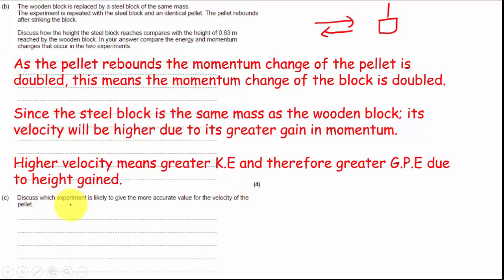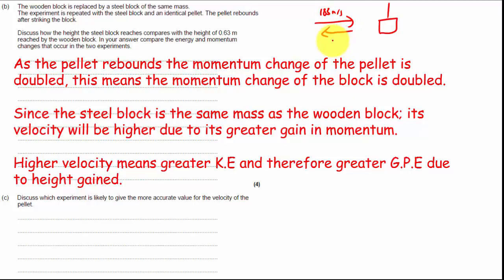So now discuss which experiment is likely to give a more accurate value for the velocity of the pellet. Okay, so you're either going to do this with a steel block or with a wooden block. Now if you do it with a steel block, the pellet could come in at, as we've already calculated, 183 meters per second.